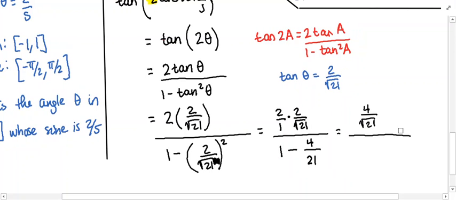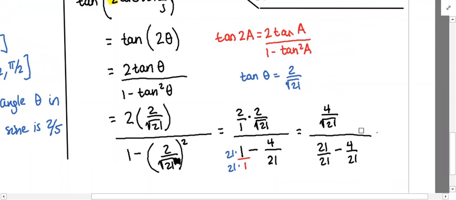Since the 1 is really over 1, the common denominator here is going to be 21. For the left fraction, I need to multiply the bottom by 21, and since I do it to the bottom, I need to do it to the top. So we get that 1 is equivalent to 21 over 21, which is right, and we're subtracting 4 over 21.